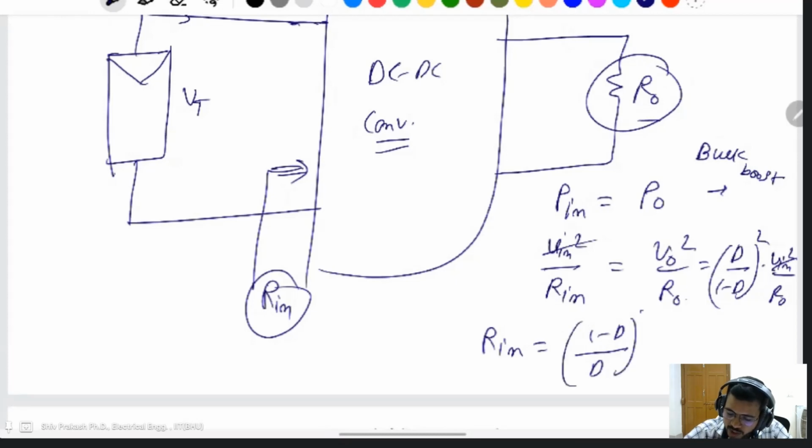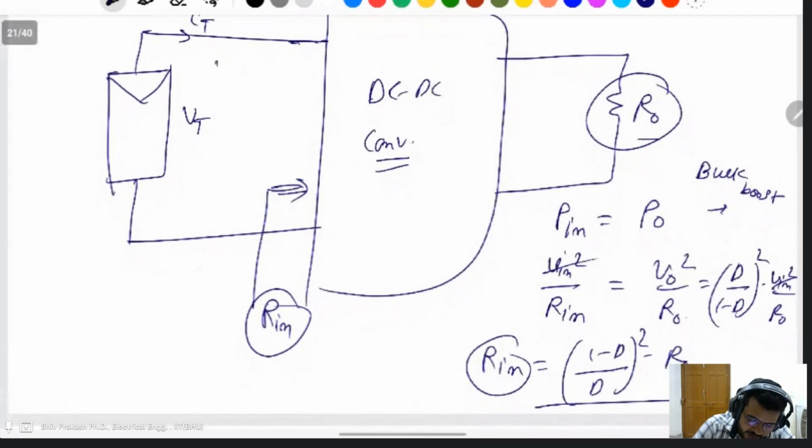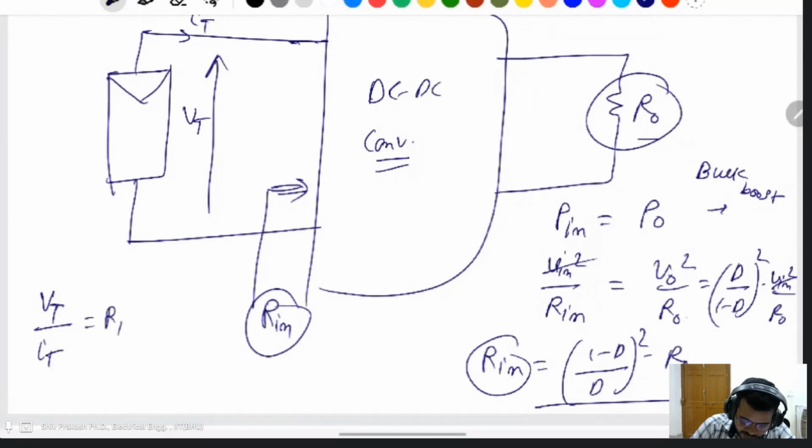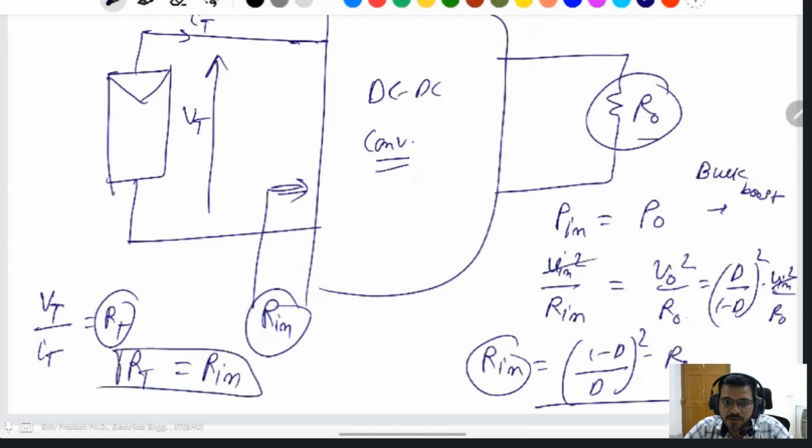This will be squared, times R naught. The R in, you should match the R in to this one. Vt divided by It is RT. You should match RT equal to R in for the maximum power point, to take the maximum power from the PV.